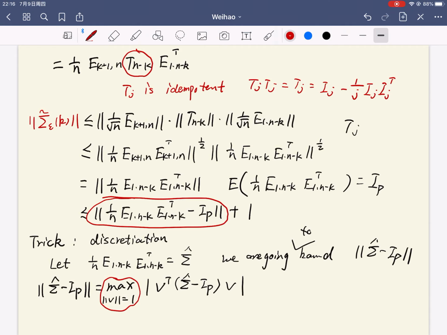The standard trick to deal with the maximum of something is to use the union bound. However, here our space is of infinite dimension, so we cannot take a union bound over infinitely many things. So we need to do the discretization first.